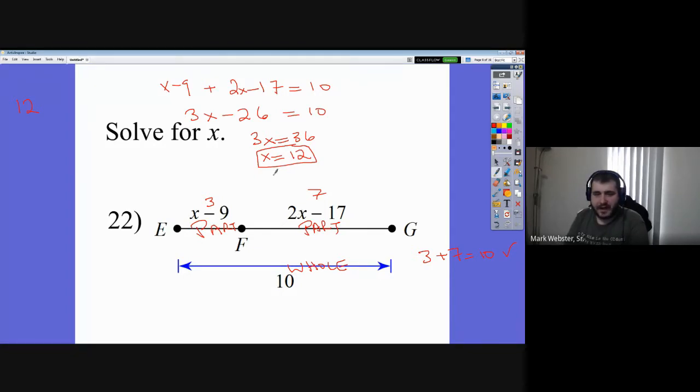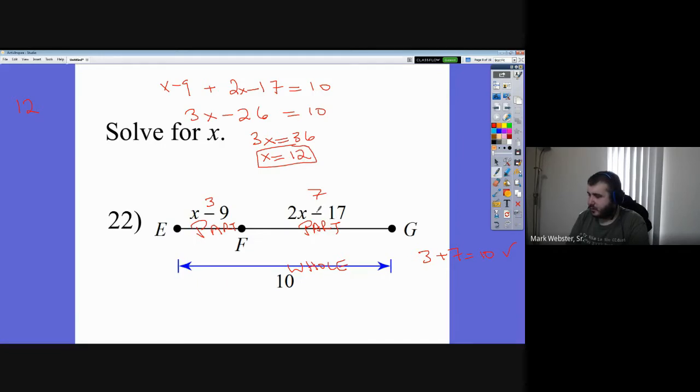So if x is 12, what is 12 minus 9? If x is 12, what is 2 times 12 minus 17? 12 minus 9 is 3. 2 times 12, 24, minus 17 is 7.